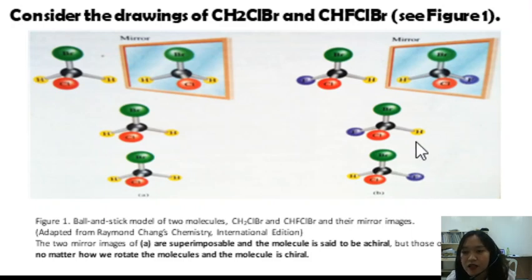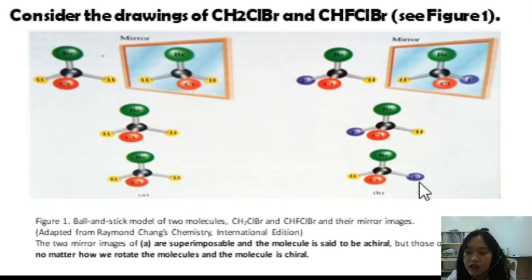So, kapag you place them on top of each other, hindi na sila magko-coincide exactly. So meaning this is not superimposable, and your CHFClBr is a type of chiral substance or molecule. So why? Paano naging, the other example is superimposable, achiral siya.